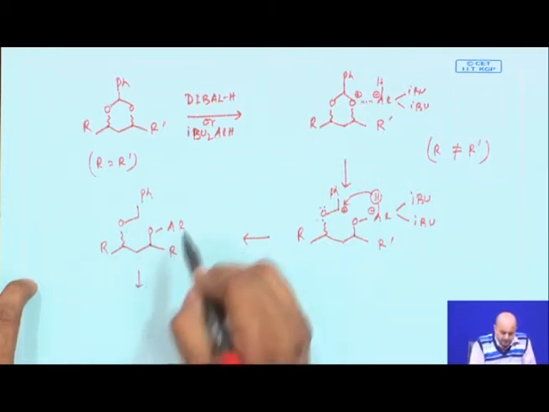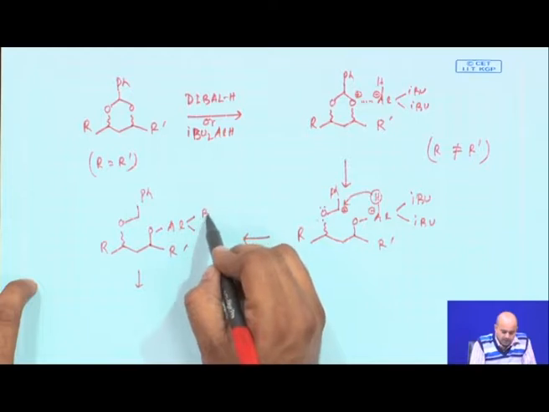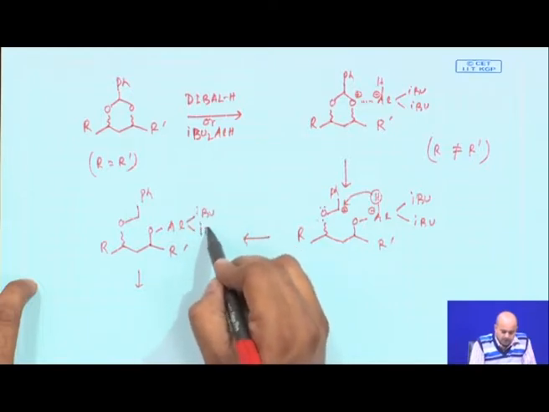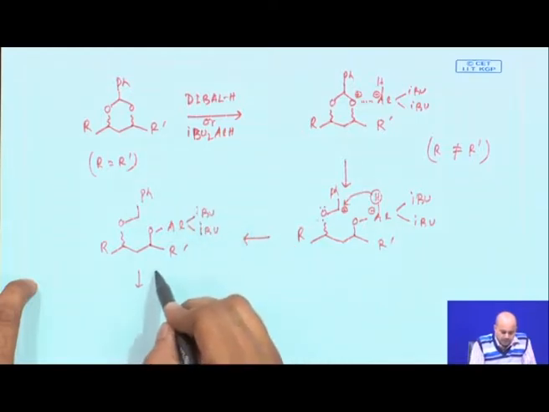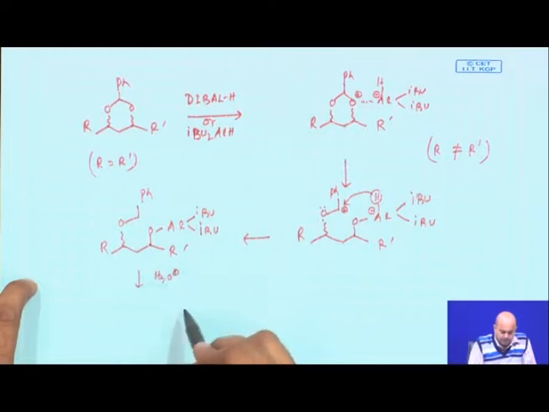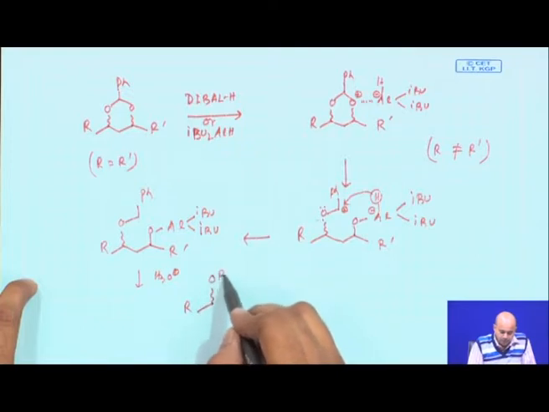And now just simply clip this aluminum-oxygen bond by some hydrolysis, and then you will end up with OBn.